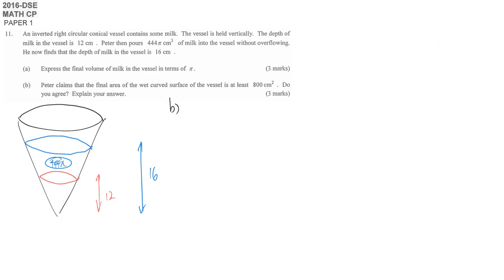Part B, they say we have to find out the final area of the red curved surface. First, from blue to red, this is the total volume of milk, and the surfaces that are touched are all red, and also curved.